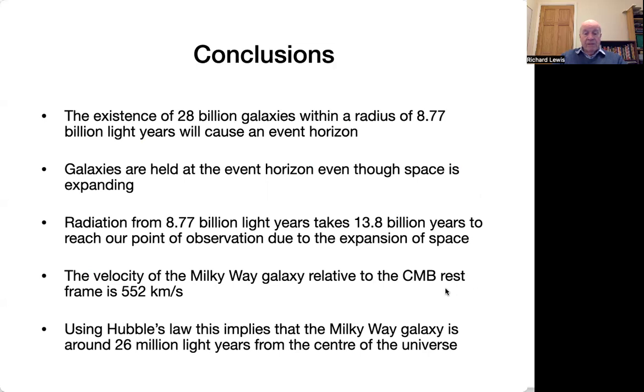Given that the velocity of the Milky Way, as observed, is 552 kilometers per second, relative to the cosmic microwave background rest frame, we can calculate that the Milky Way galaxy is around 26 million light years from the center of the universe.